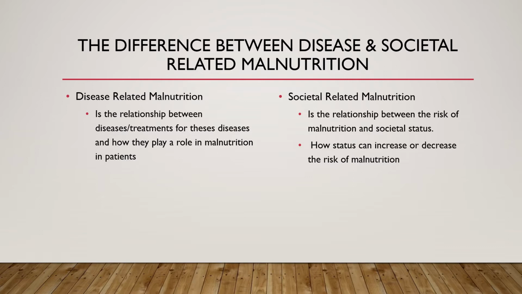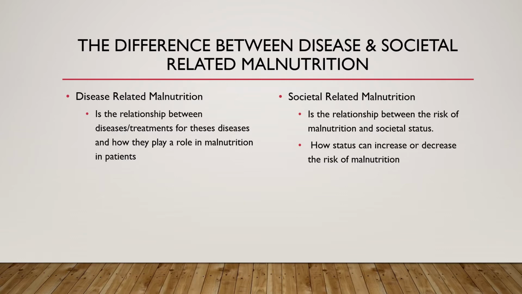To begin with, we will look at the difference between disease-related and societal-related malnutrition. In the case of disease-related malnutrition, we look at the relationship between diseases, treatments for these diseases, as well as how they play a role in malnutrition in patients. In societal-related malnutrition, there is a relationship between the social status of an individual and how much of a risk they are at for suffering malnutrition.